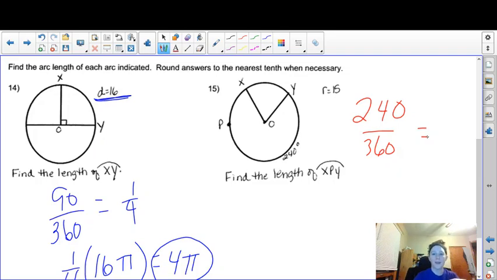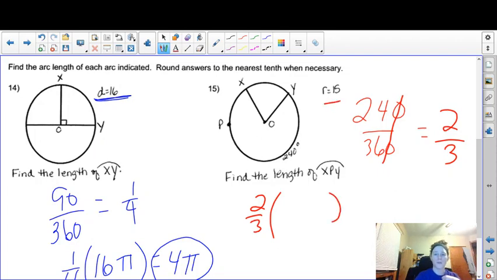If I end in a 0, I can divide both by 10. So I'm left with 24 over 36. And I know those can both divide by 12. So 24 divided by 12 is 2. 36 divided by 12 is 3. So I have 2/3 times, well, on this one I'm only given the radius, so I need to multiply that by 2. 15 times 2, 30.